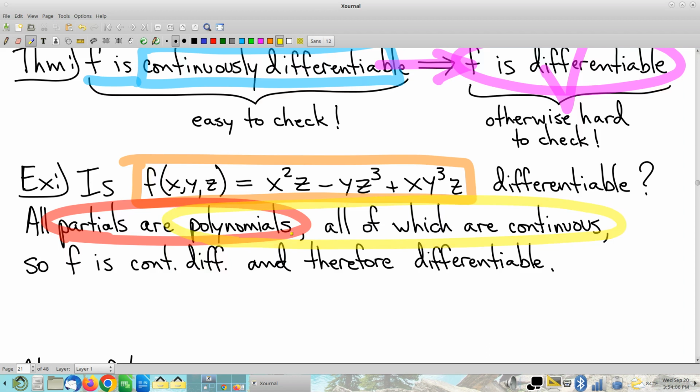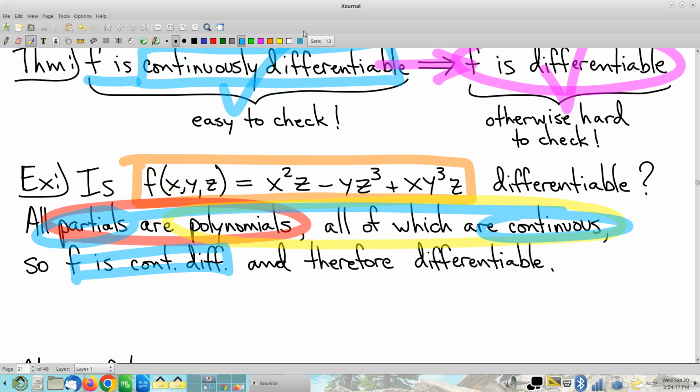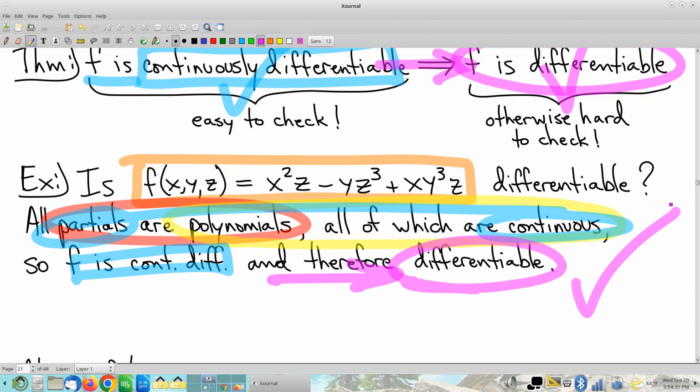That means that between the two of these facts, the partials are polynomials, which are therefore continuous, which is what continuously differentiable means. And once you know that it's continuously differentiable, then it immediately follows that it's differentiable and game over. So no discussion of vanishing relative error, no multivariable limits. It's just a couple of key observations, and boom, we're done. Is everybody cool with that?